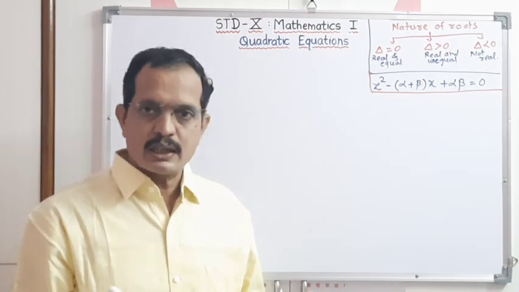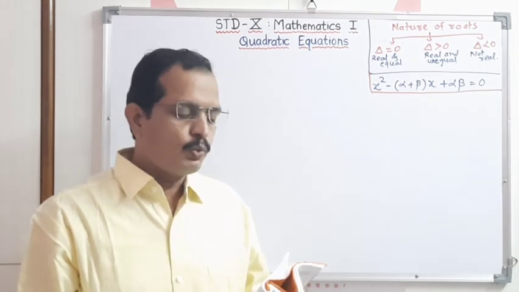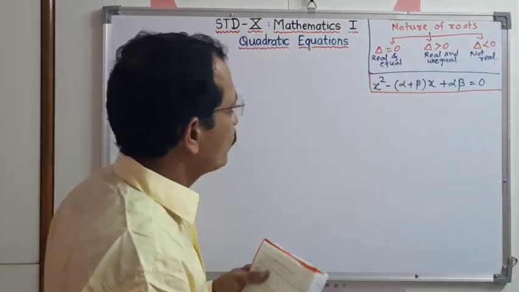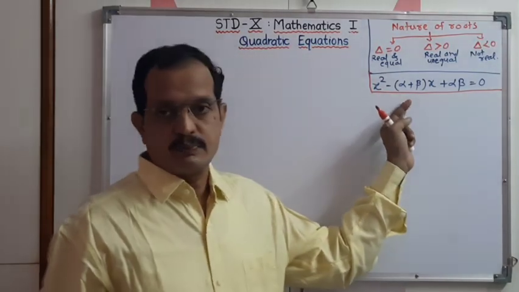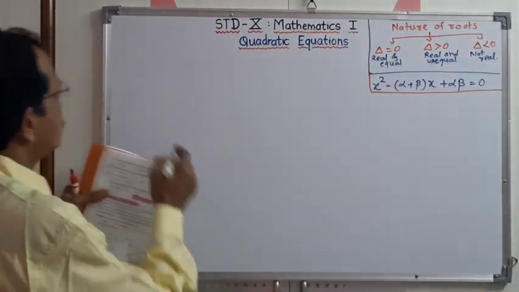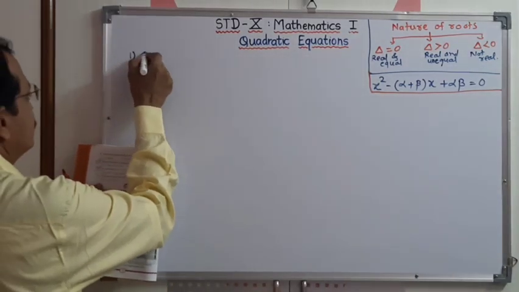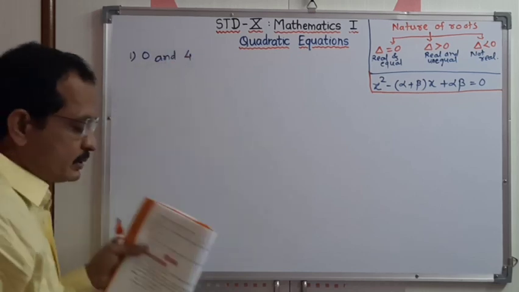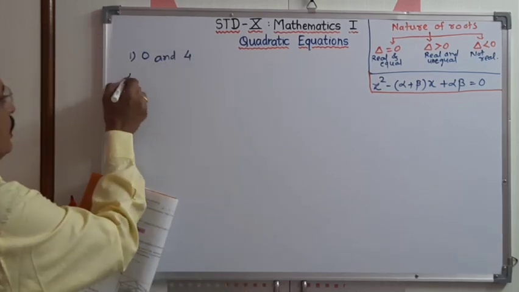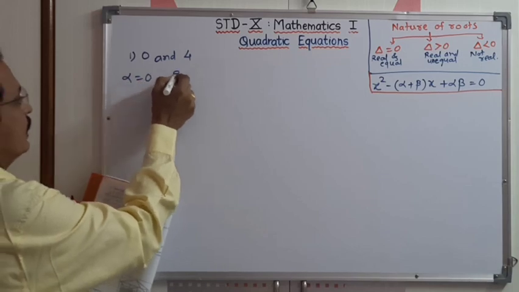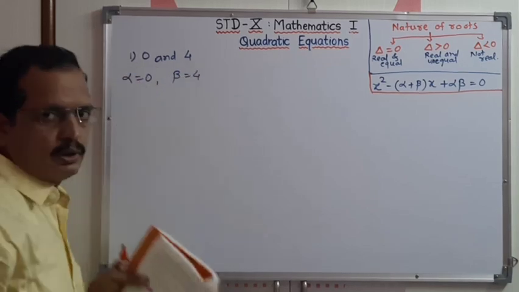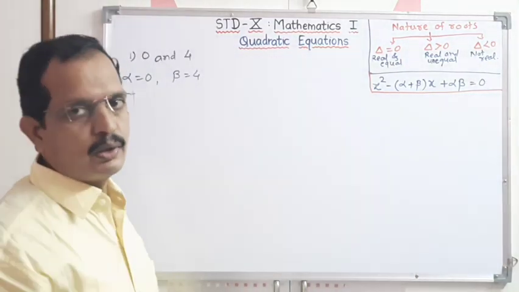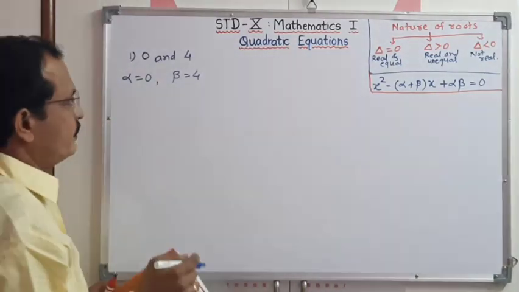That means roots are given and we have to form the equation. Now see, the first is given 0 and 4. That means we can write here alpha is equal to 0 and beta is equal to 4.